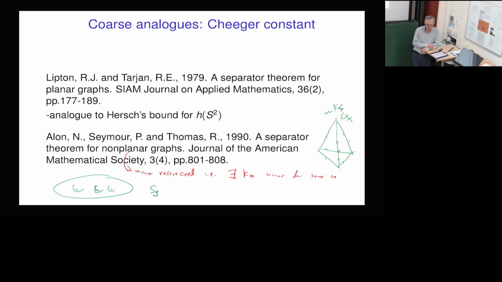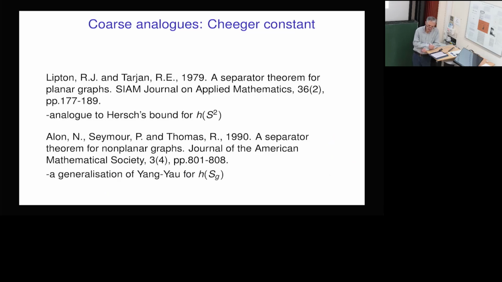It would be exactly the Yang-Yau theorem, but this is stronger than Yang-Yau, a generalization, because this class of minor restricted graphs is more general than graphs embeddable in a fixed surface.